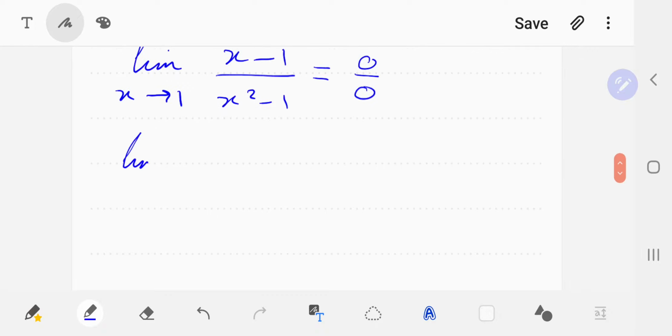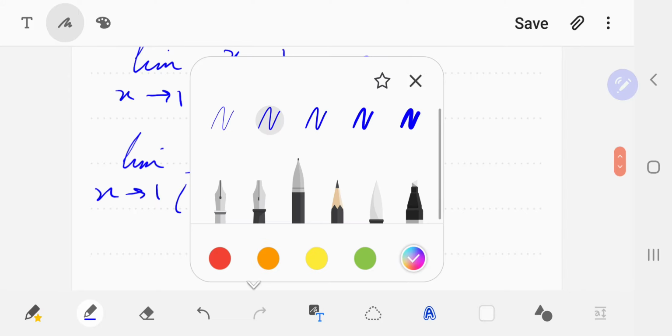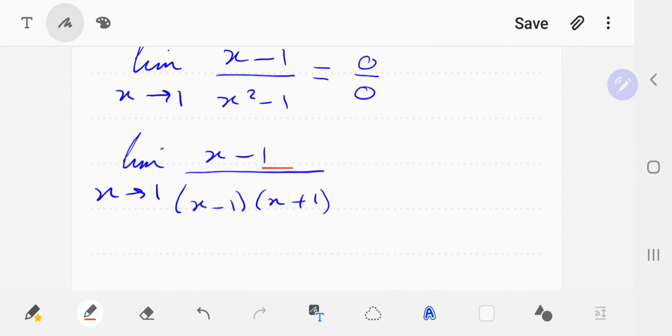So limit of x minus 1 over, factorize the denominator, and this will lead to a simplified expression. So x minus 1 can be cancelled with x minus 1. This will give you the limit of 1 over x plus 1 as x approaches 1.